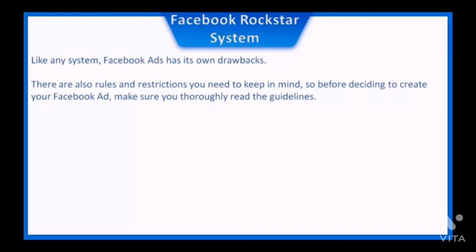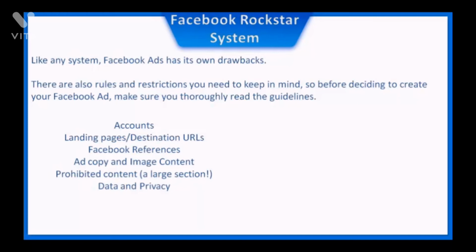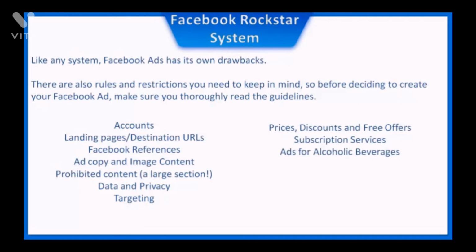These guidelines are broken down into sections: accounts, landing pages, destination URLs, Facebook references, ad copy and image content, prohibited content, a large section, data and privacy, targeting, prices, discounts and free offers, and subscription services, ads for alcoholic beverages, copyrights and trademarks, spam, incentives, downloads.